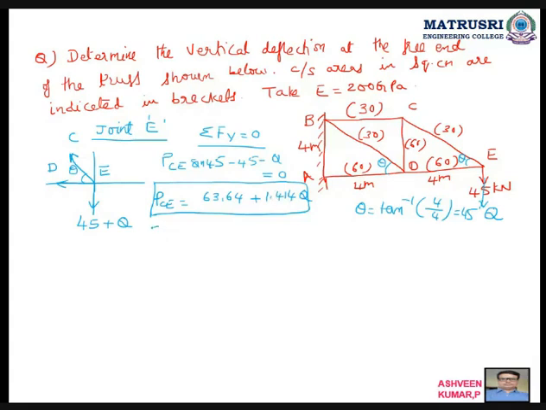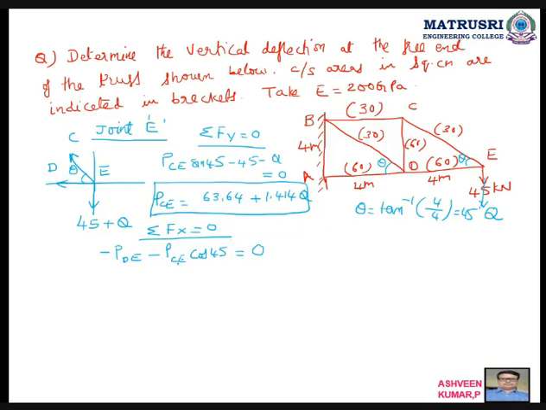Then I'll go for sigma Fx equal to 0. What will happen? PDE, on the left side, is negative. This is also coming on the left side, so minus PCE cos 45 is equal to 0.